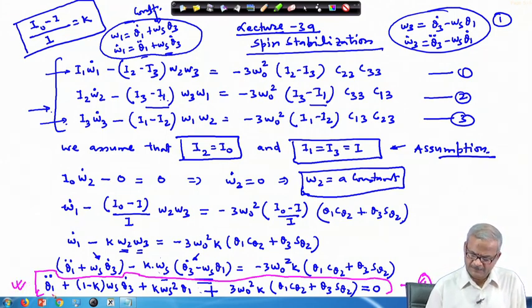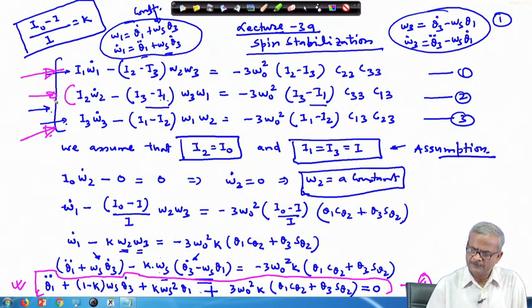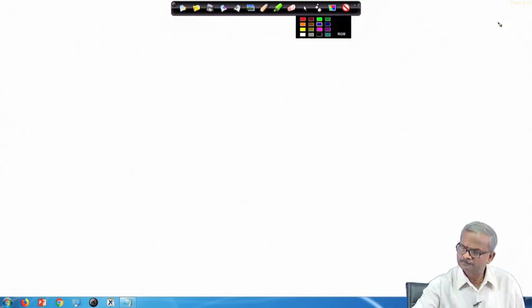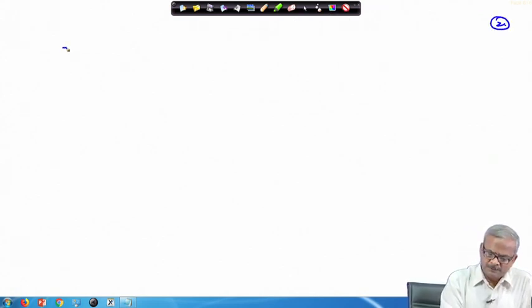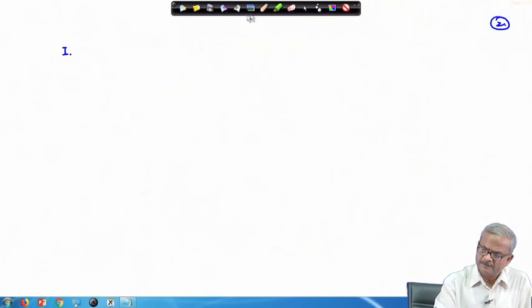Now, this is for the first equation we have worked on. Now, we have to work with the third equation. The second equation we do not need to work on, because already this has got simplified to this particular result. So, the third one, I 3 omega 3 dot, similarly we can write omega 3 dot.